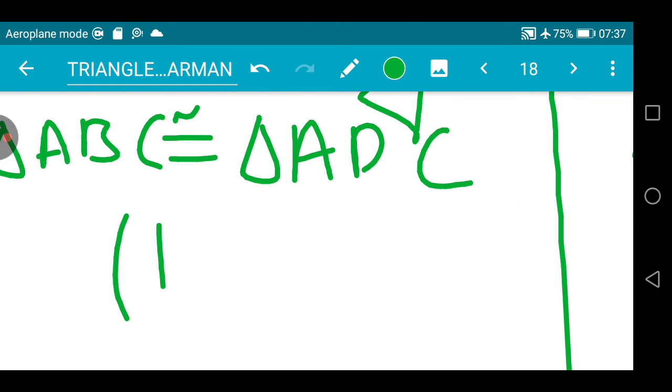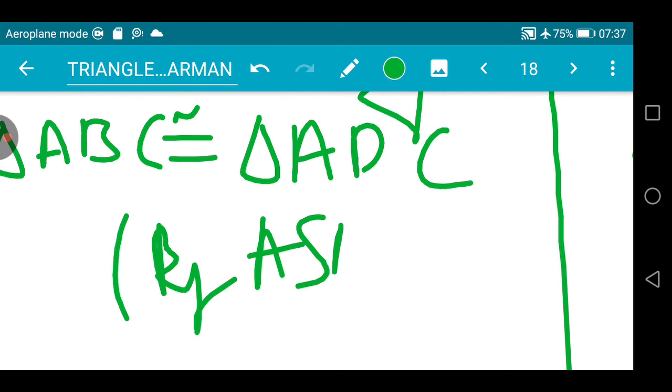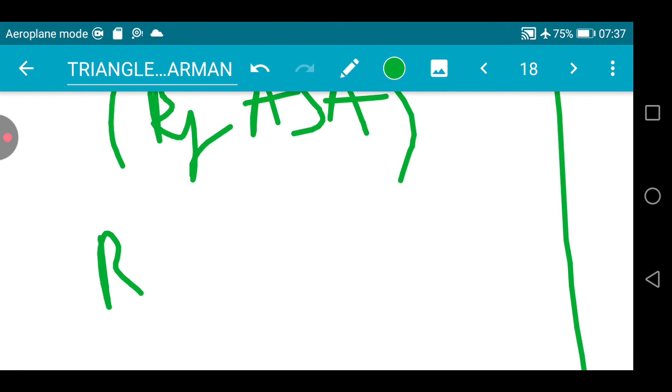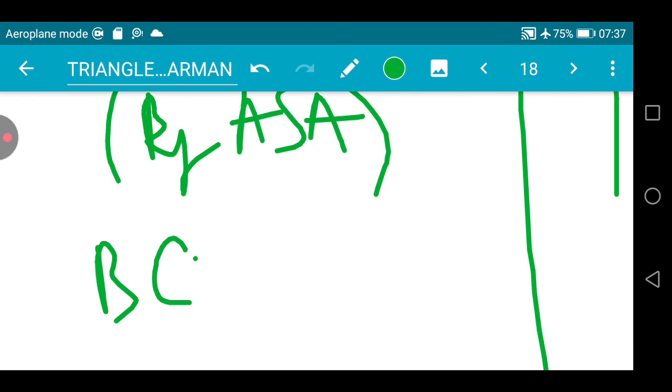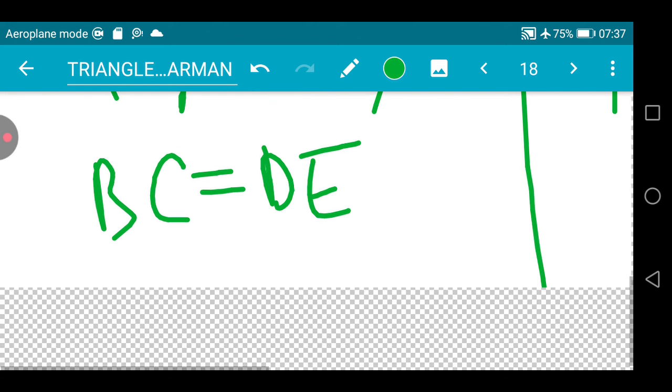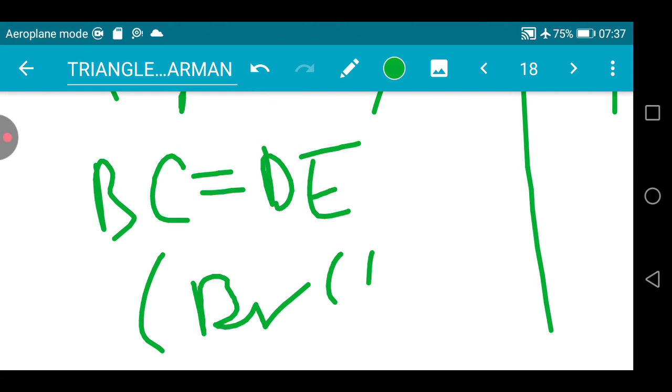We have proved it by side angle side rule, and here we can say BC equal to DE by CPCT.